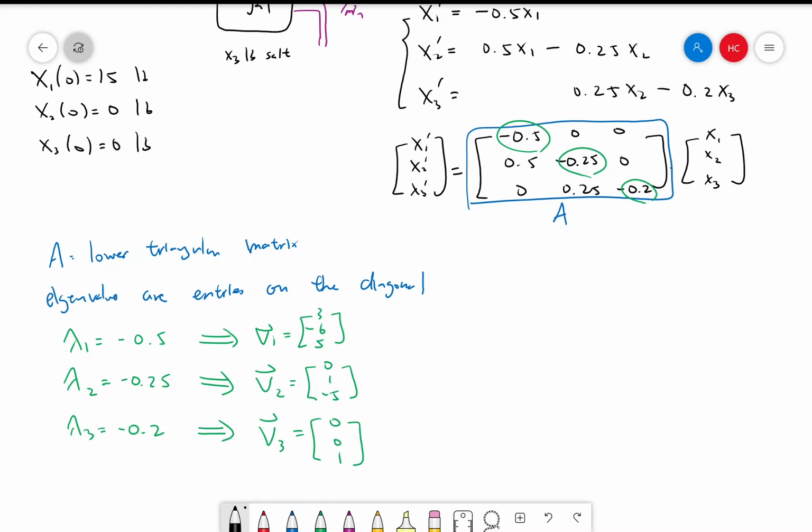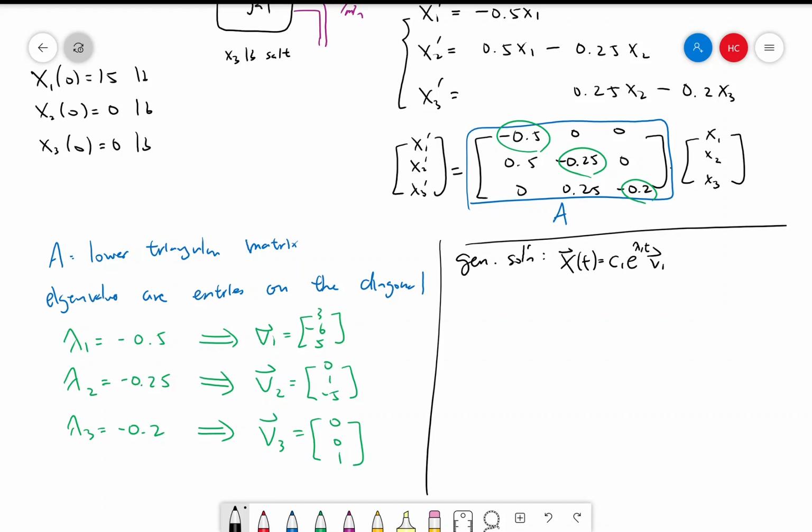So the general solution is x of the form c1 e to the lambda 1t times v1 plus c2 e to the lambda 2t times v2 plus c3 e to the lambda 3t times v3. In particular, you can write it in terms of the individual functions x1, x2, and x3.